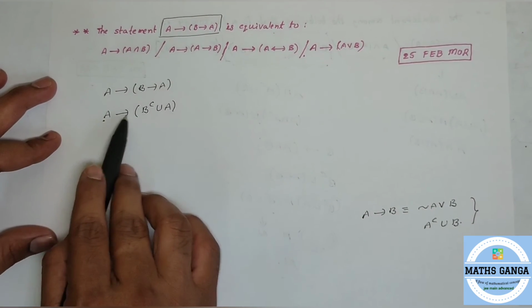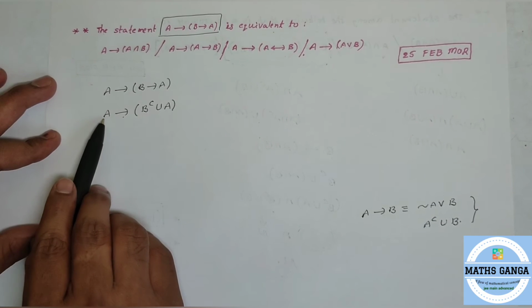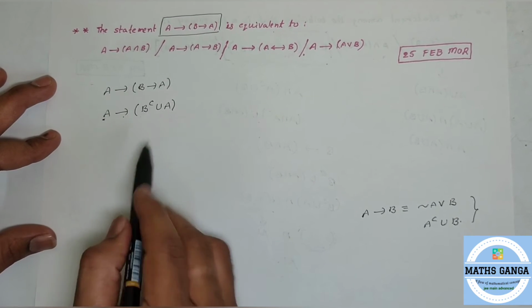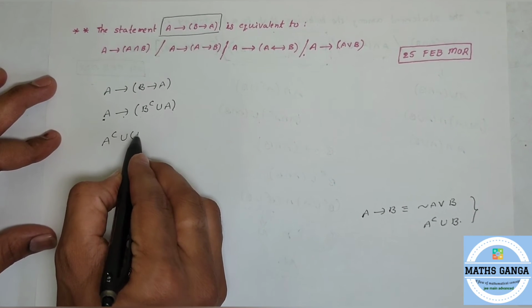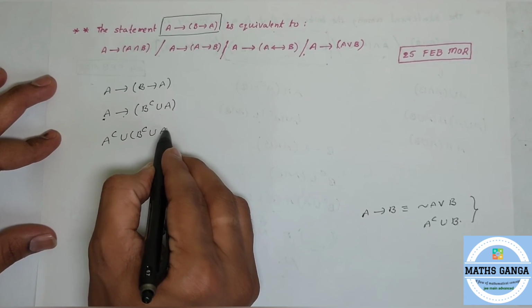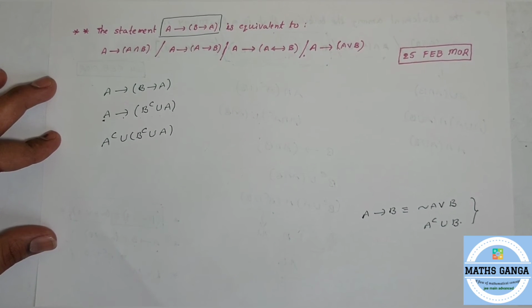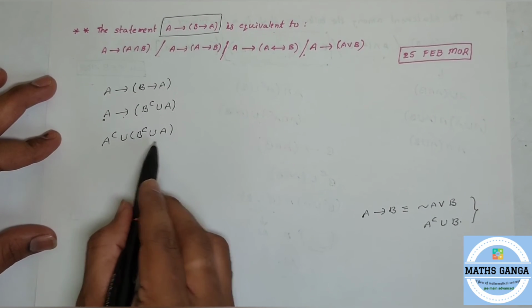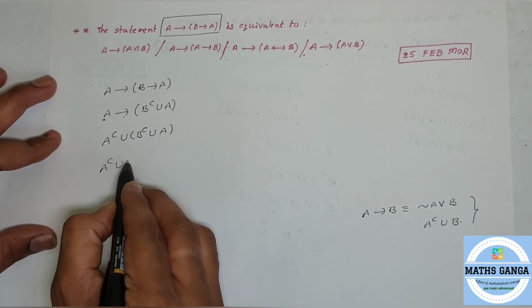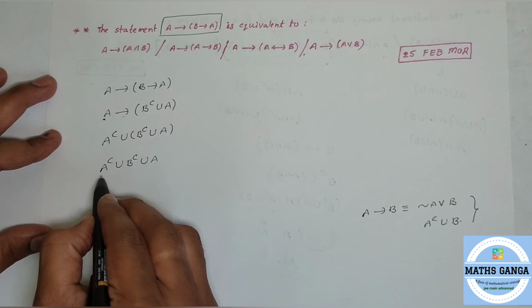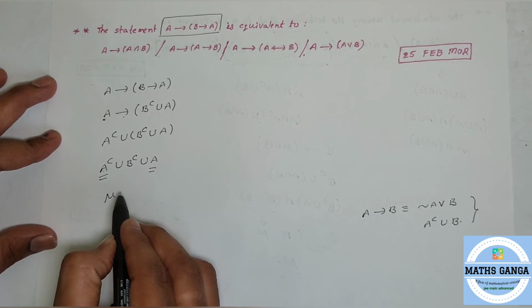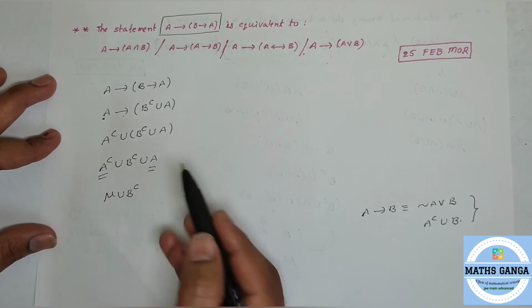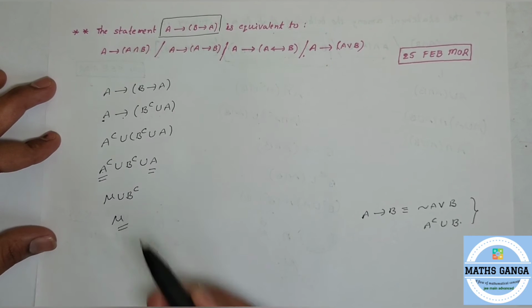Okay, and now A implies of this B complement union A. Now the first statement is A and the second one is this B complement union A. Again, by repeating the same law, this is A complement union B complement union A. So A complement union B complement union A is A complement union A, which is always the universal set, and that union B complement leads to the universal set.